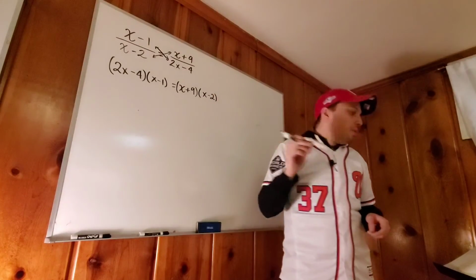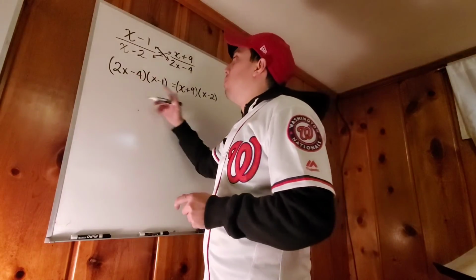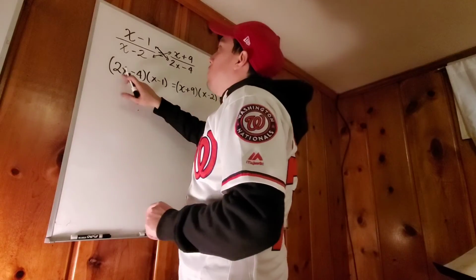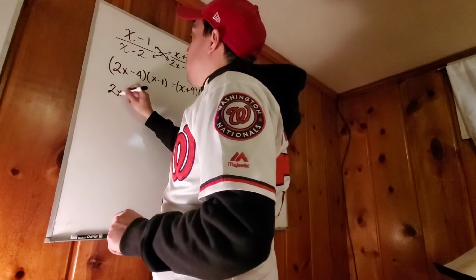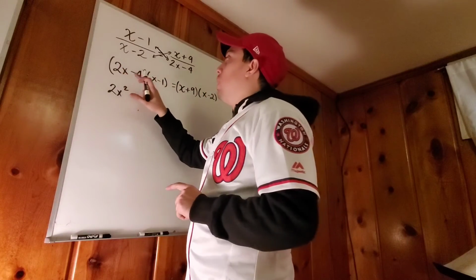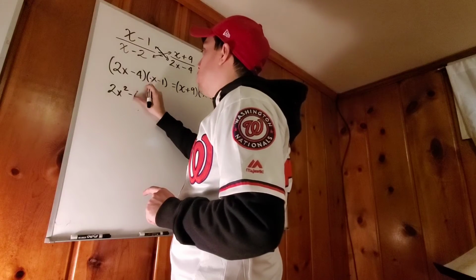So once we get to this part, we're going to do FOIL because we need to be able to get it all together. So it's going to be 2x cubed, 2x squared, and you have to become really good at FOIL. Minus 5x. No, sorry.